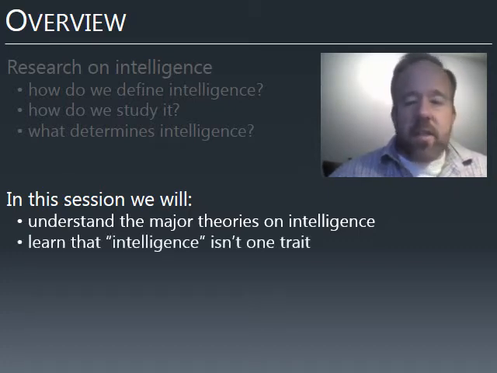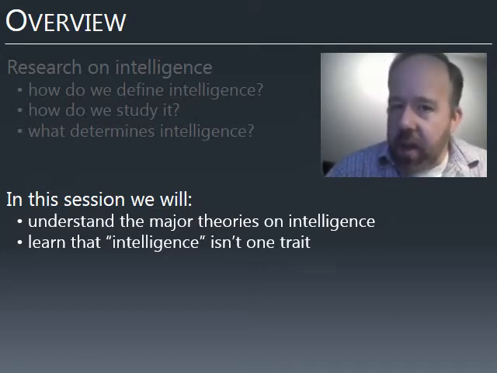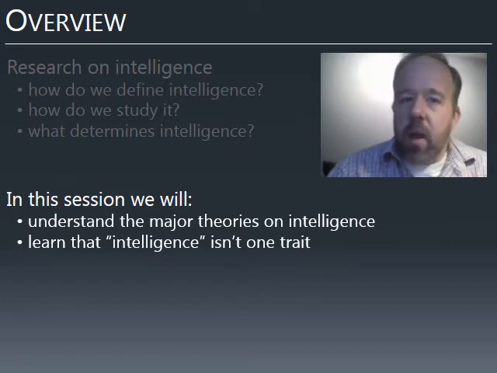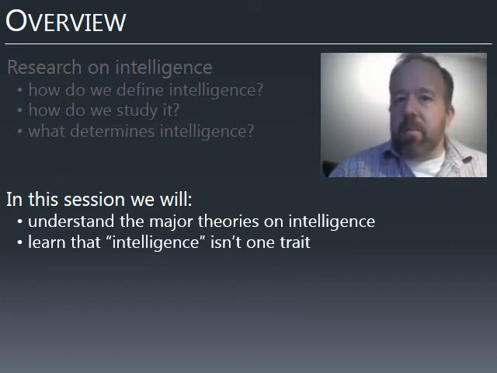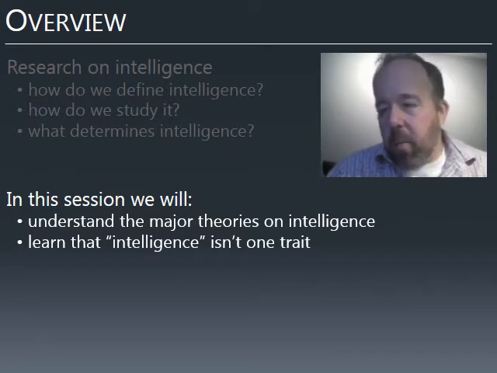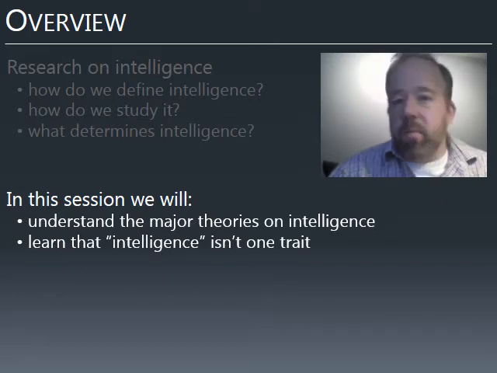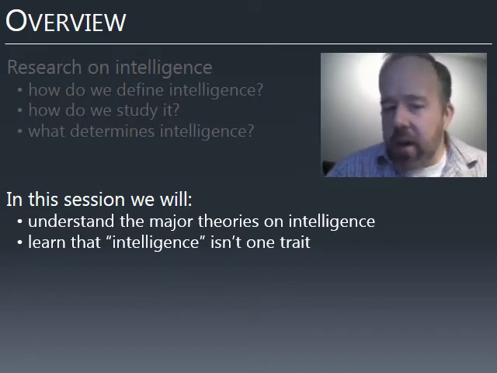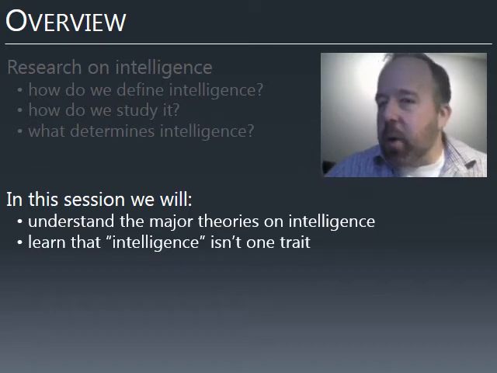And we'll see that intelligence, even though we use that one term, isn't just one thing. It's not one trait, where one person is intelligent and one person is not, and that defines whether they can do certain tasks, whether they can remember certain kinds of information, what sort of things they're good at and what things they're not good at. So it's not as binary a distinction as this person is intelligent and this person is not.